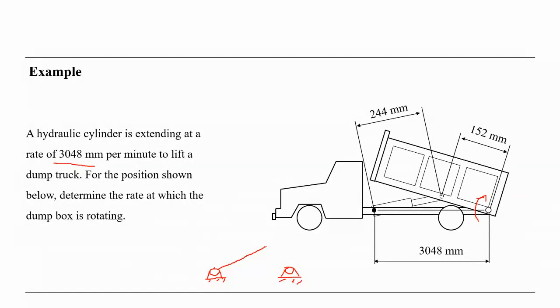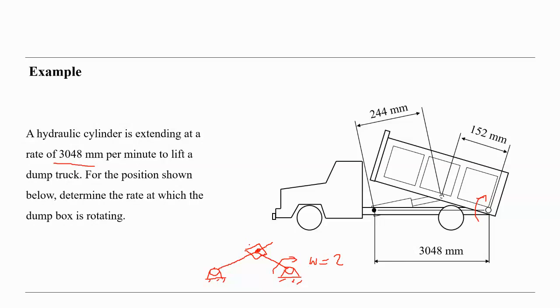So let's say we can use it like this. So the question is, the rotation omega is equal to question mark. This is already given.